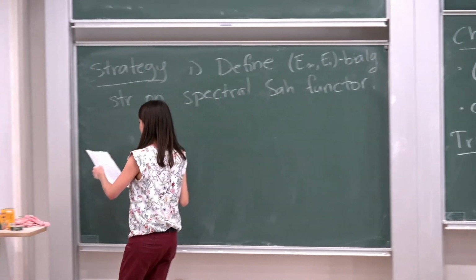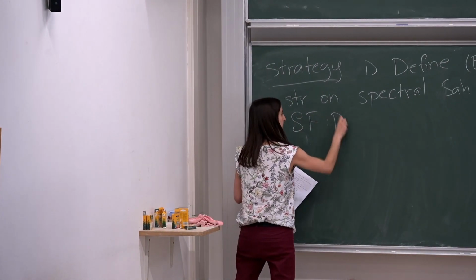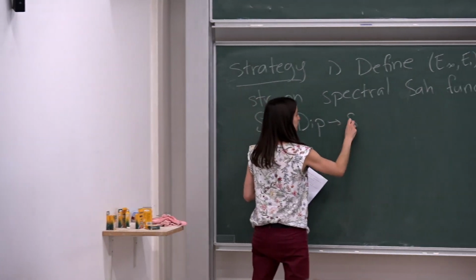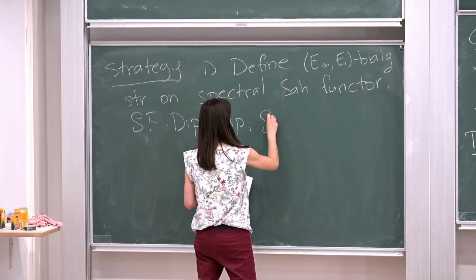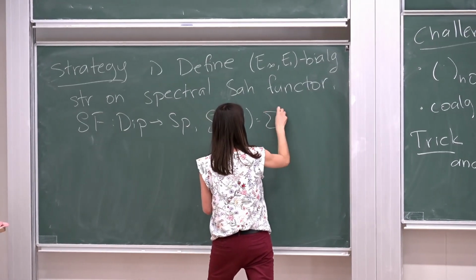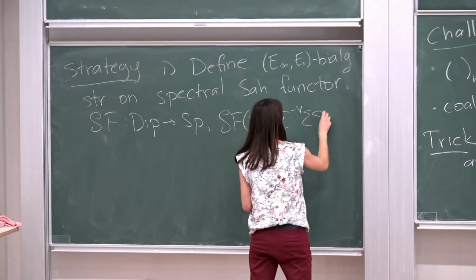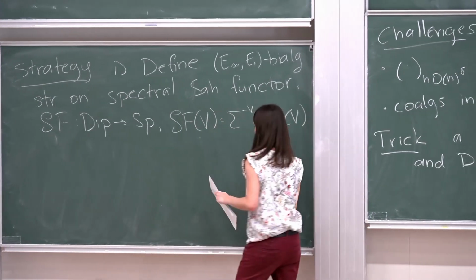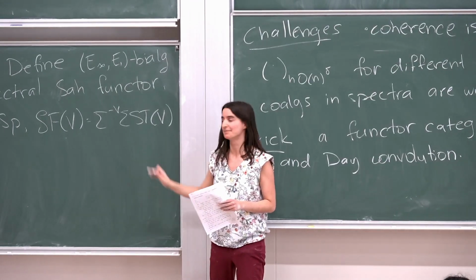We denote this curly SF, from DIP to spectra. And curly SF of V is defined to be suspension minus V, sigma ST of V, whose convenient description I have unfortunately just erased.